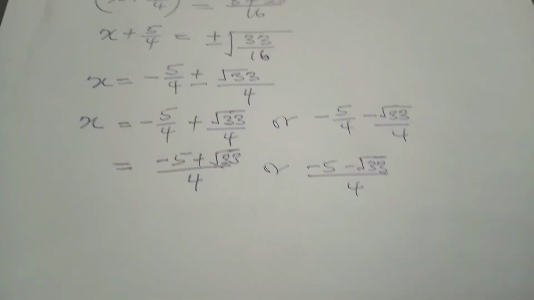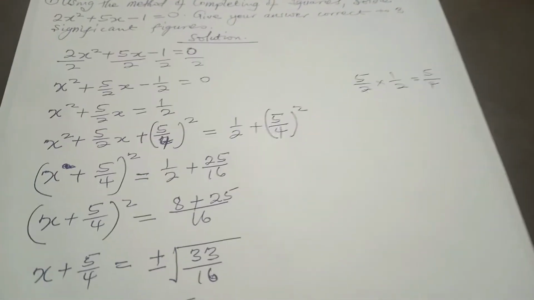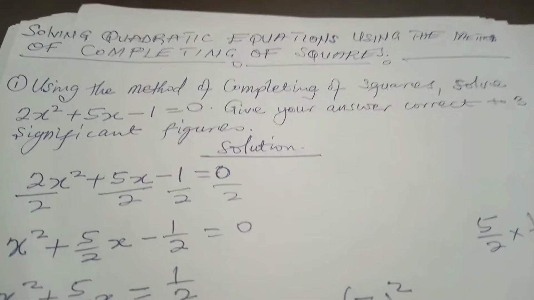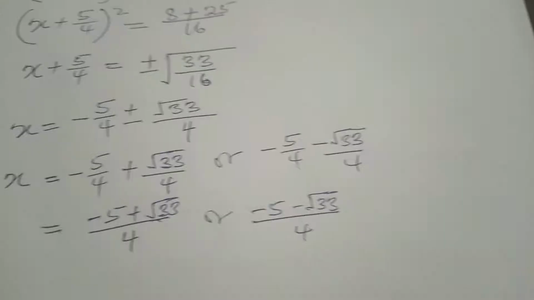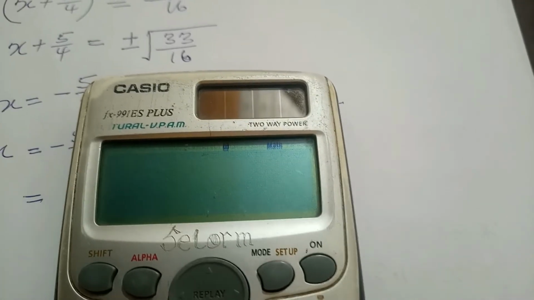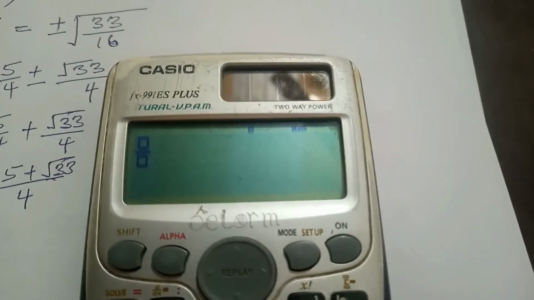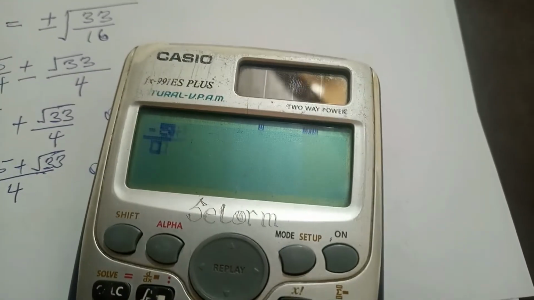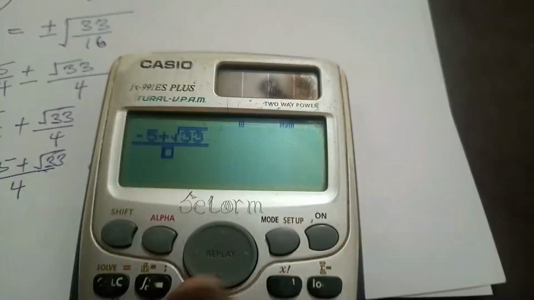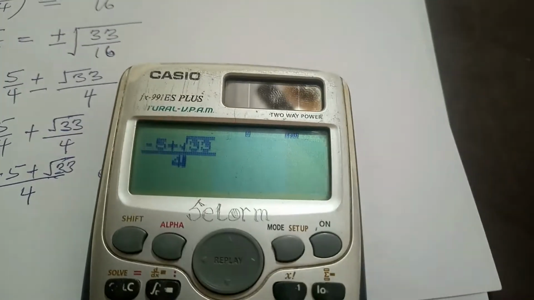But our question said we should give our answer correct to 3 significant figures. This means that they want the answer in decimal and not the surd form. So we are just going to use a calculator to calculate that. This is going to give us negative 5 plus square root of 33 over 4.